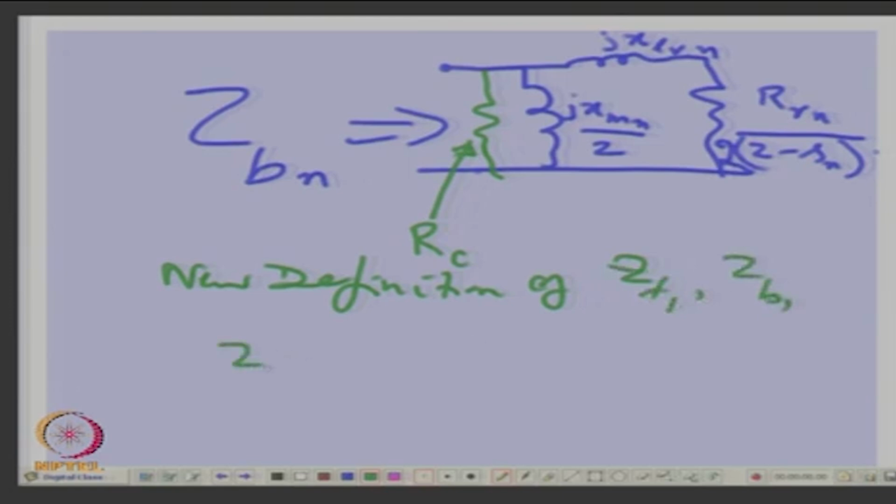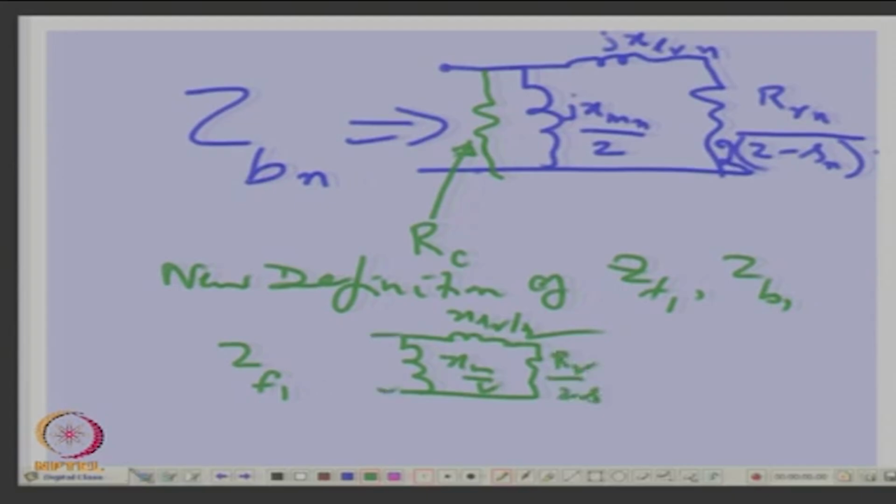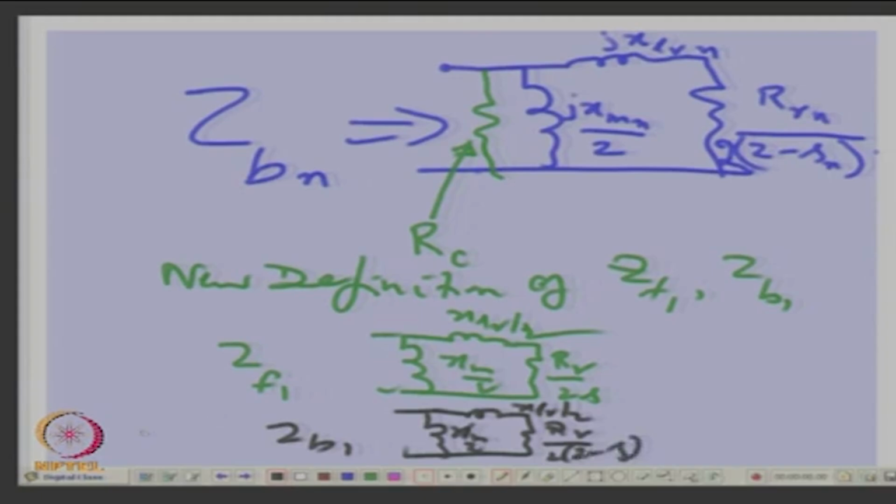What will be Z_F1 here? It will be jX_M by 2, jX_LR by 2, R_R by 2S, is it not? That is Z_F1. Then Z_B1 will be the same: jX_M by 2, jX_LR by 2, R_R by 2 into 2 minus S.